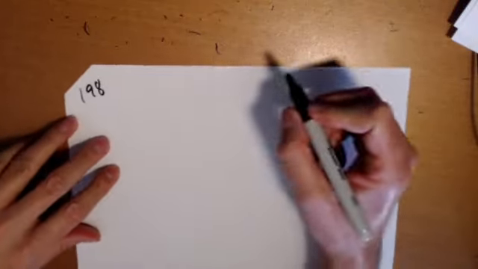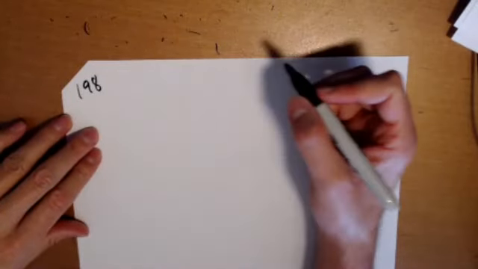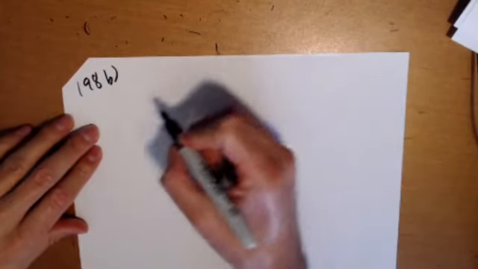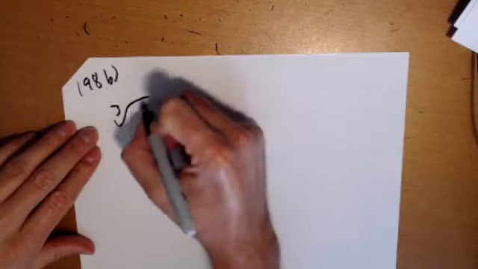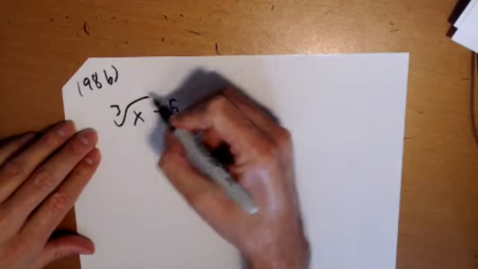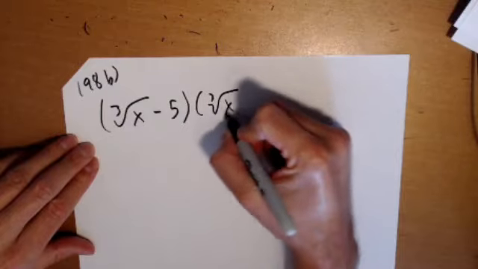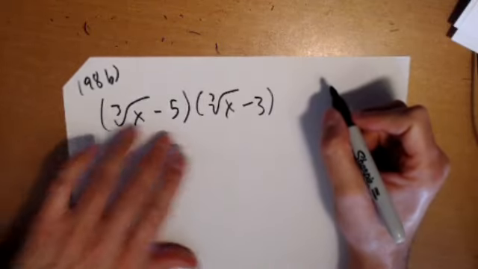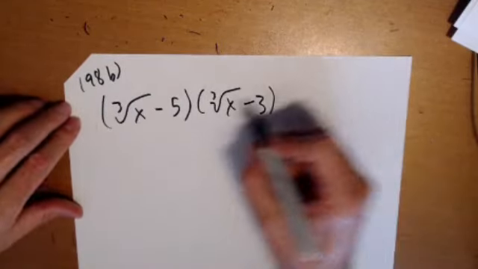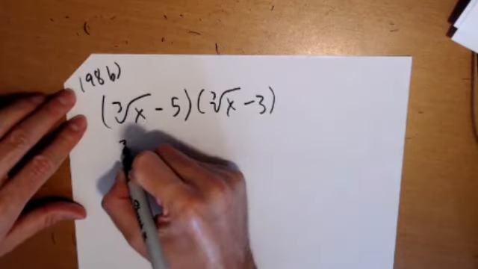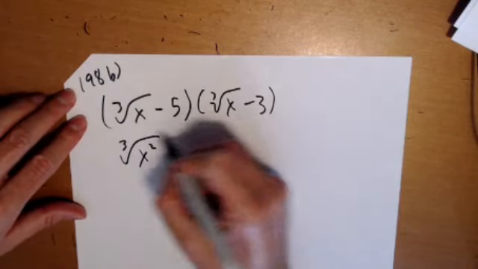198. Skip part A. Part A was easy. It's just like what we did. But part B has some cube roots. So you have the cube root of x minus 5, cube root of x minus 3. Binomial, binomial. Okay, so let's just FOIL. Cube root x, cube root x, cube root x squared.